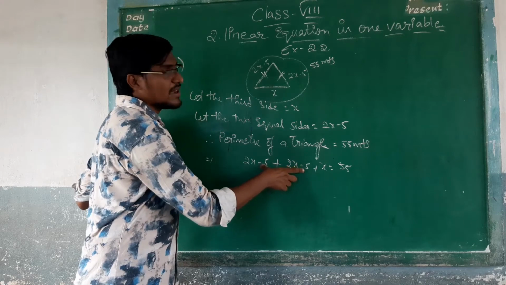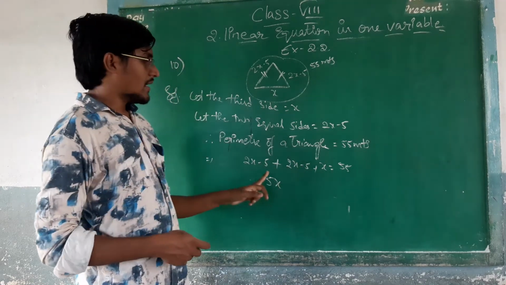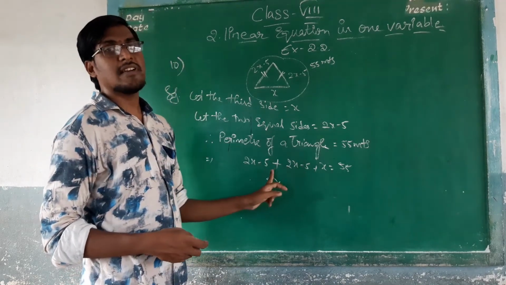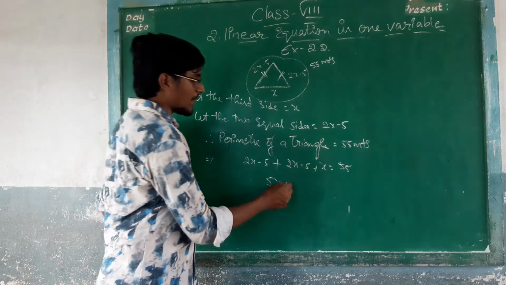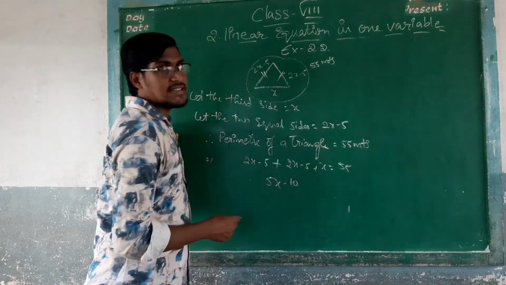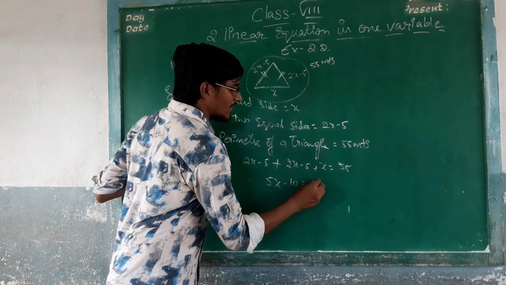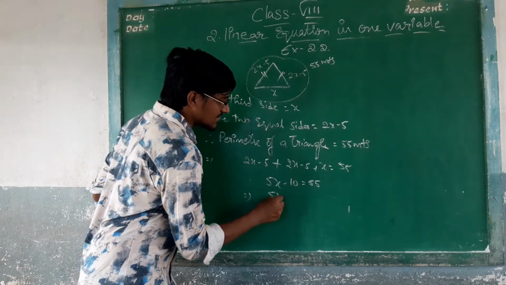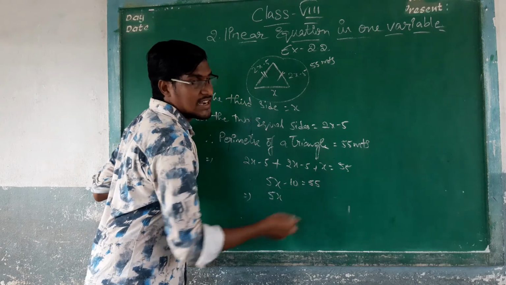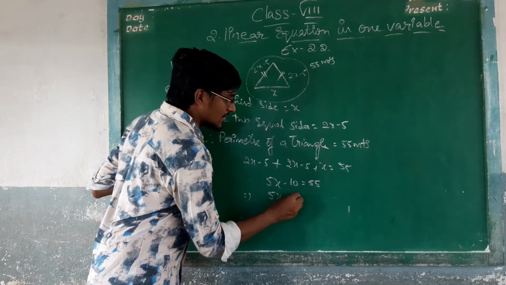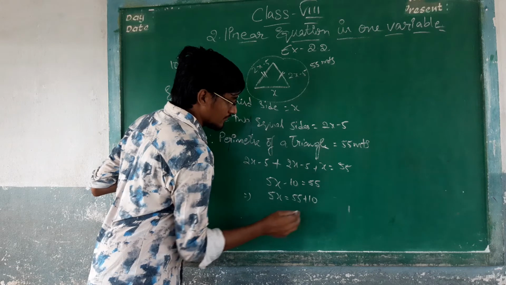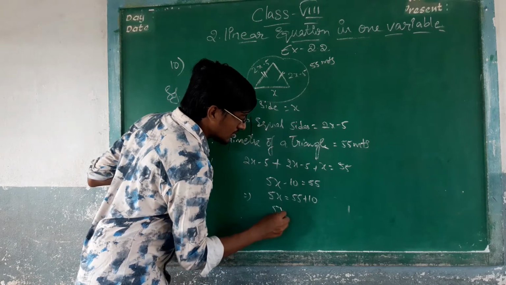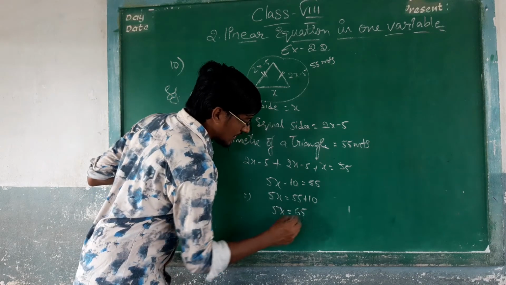There is a minus and minus, so we have to add them. 5 plus 5 is 10, and the sign is minus, so it will be minus 10, equal to 55. So that implies 5x, move this minus 10 to the right hand side, it will become plus 10. So 5x equals 65.